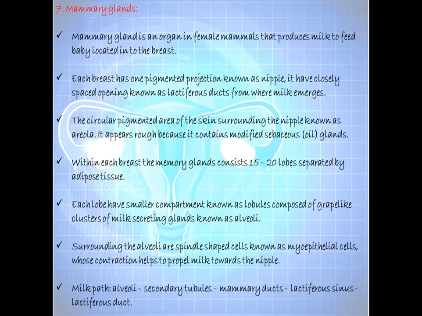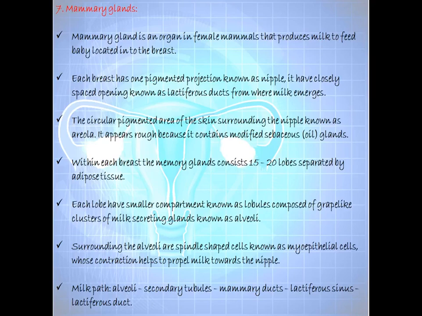Within each breast, the mammary gland consists of 15 to 20 lobes separated by adipose tissue. Each lobe has smaller compartments known as lobules, composed of grape-like clusters of milk-secreting glands known as alveoli.